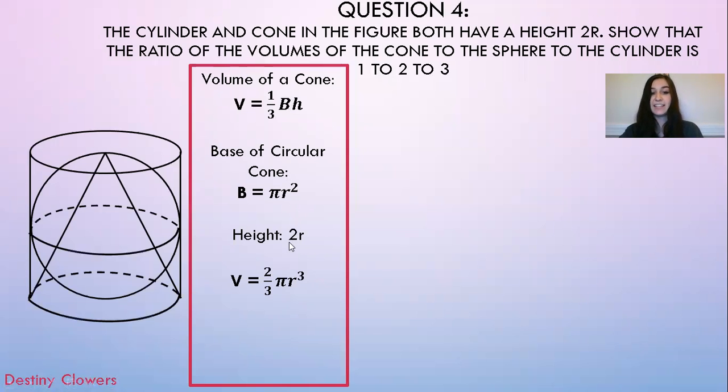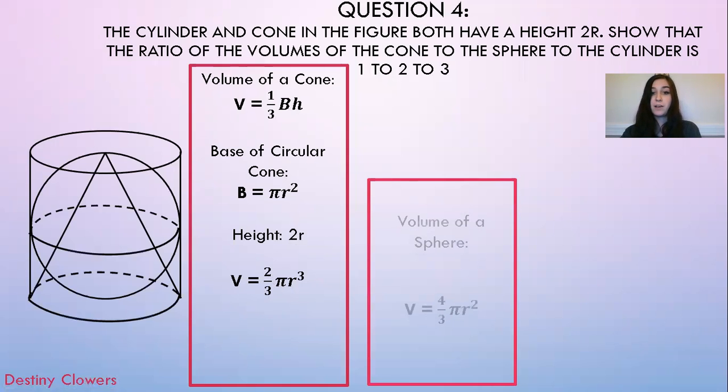Now we're given that the height is 2r, so that would be plugged in right here for the height. So once we plug in everything that we've got, this is our new formula, which is V equals 2 over 3 pi r cubed.